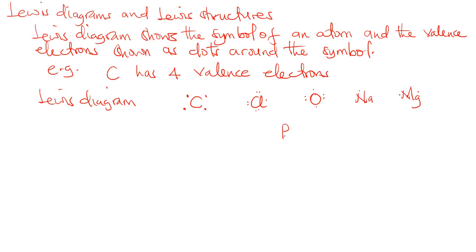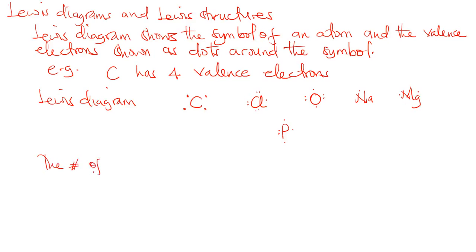Phosphorus has 5 valence electrons, so you are going to have that diagram as the dot diagram of phosphorus.